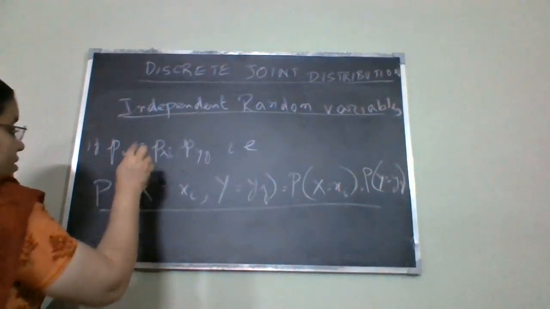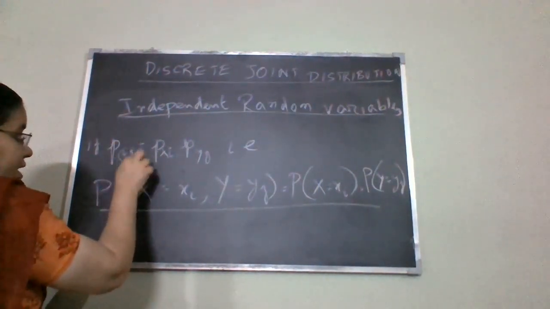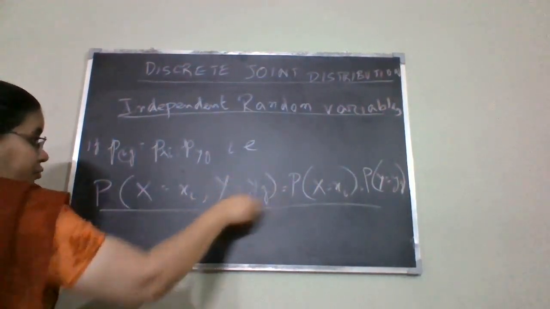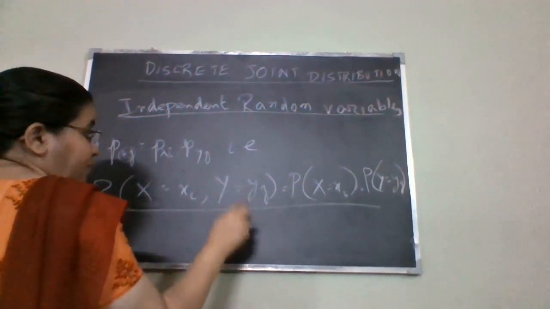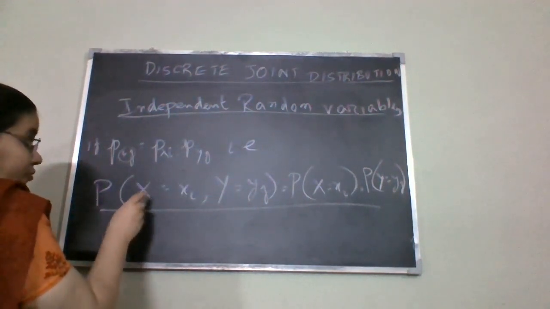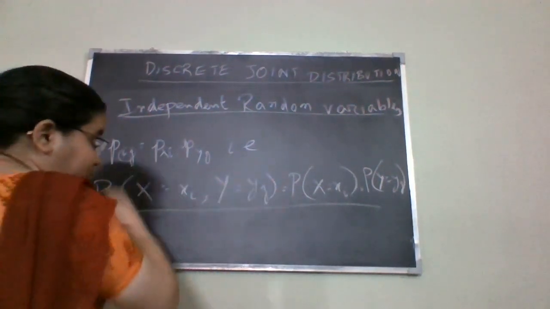p_ij means the joint probability of X being x_i and Y being y_j together.